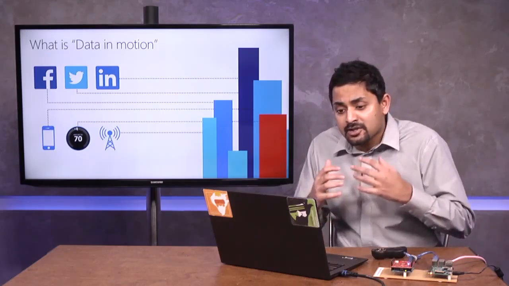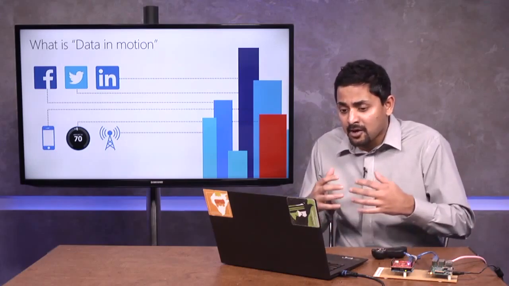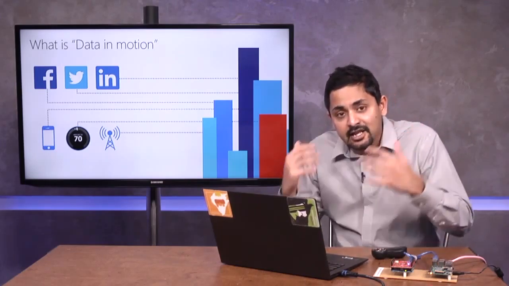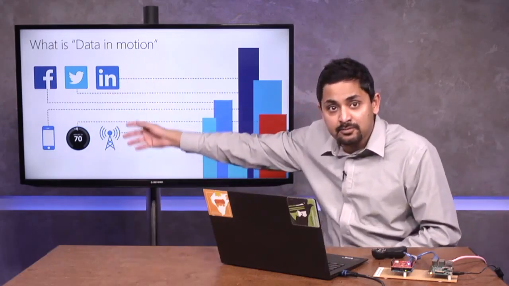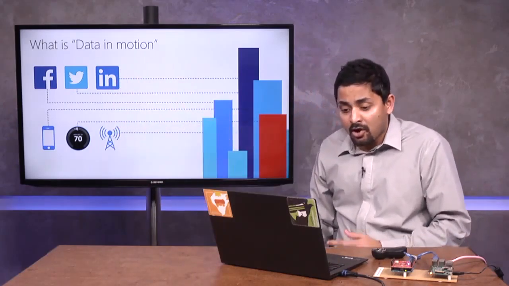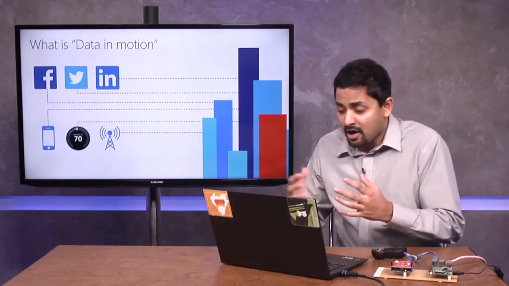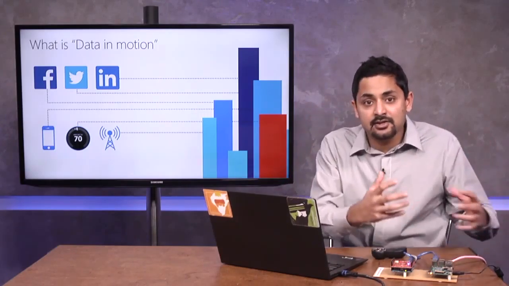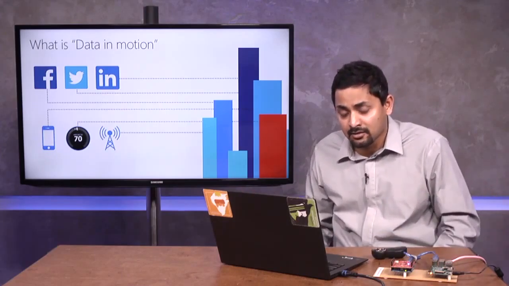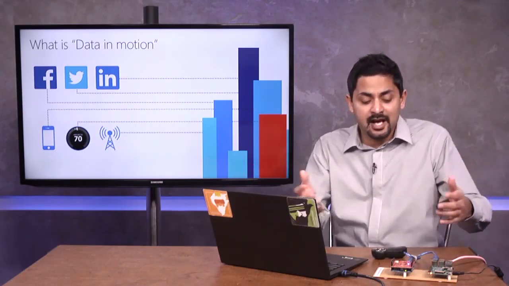There is data which is being generated from a variety of different places, continuously being generated. There are things from social media like your Facebook or Twitter or other places, or from devices. You have your mobile devices which are continuously generating data. There are sensors all around us which are generating data. Actually, let me show you an example.